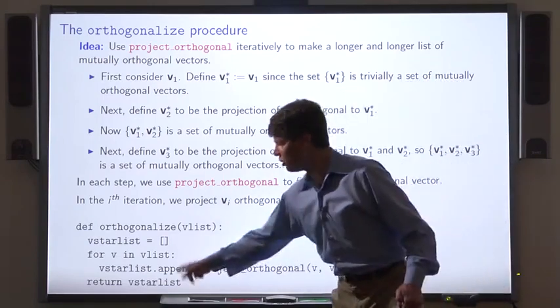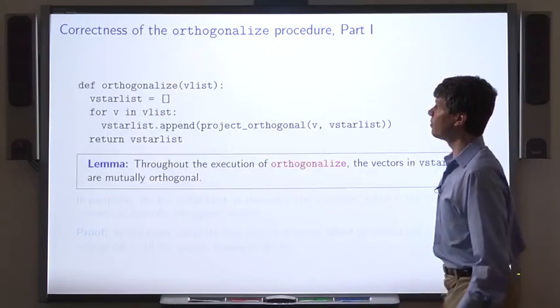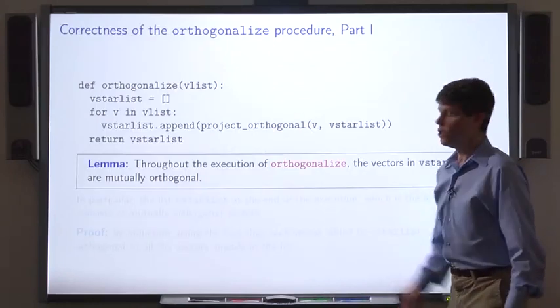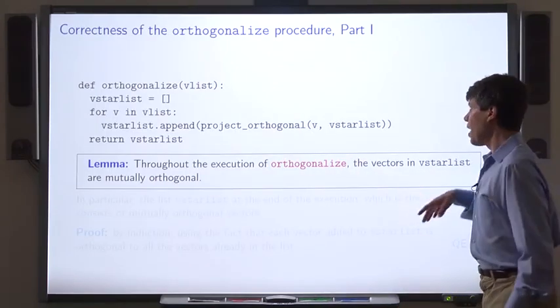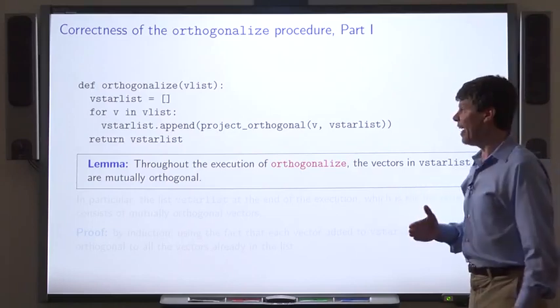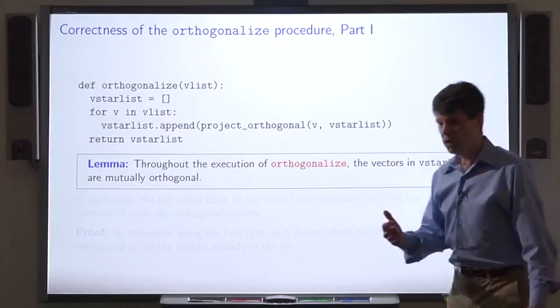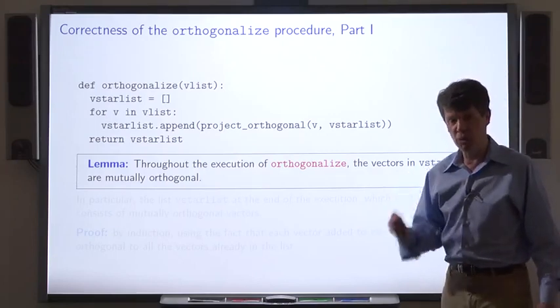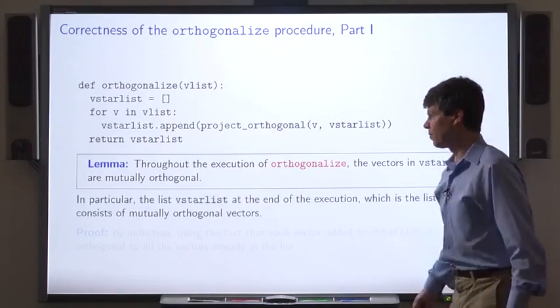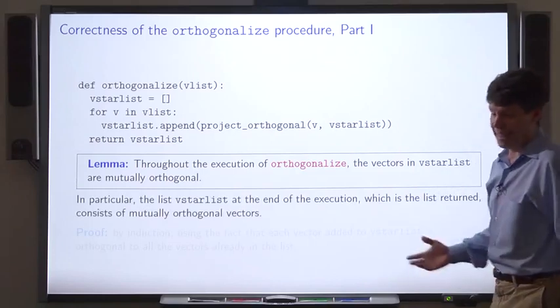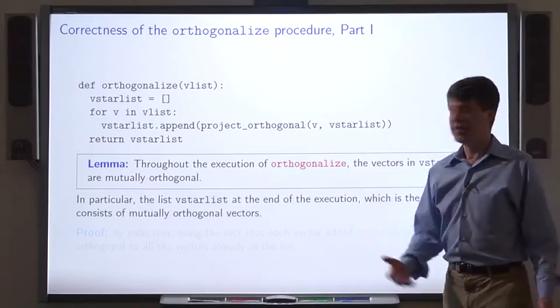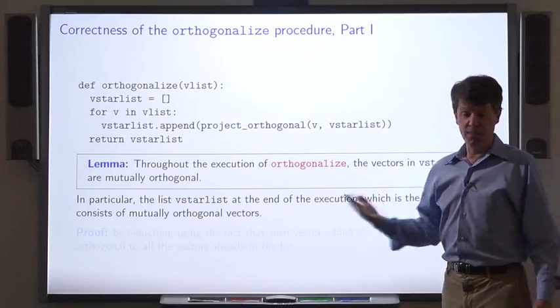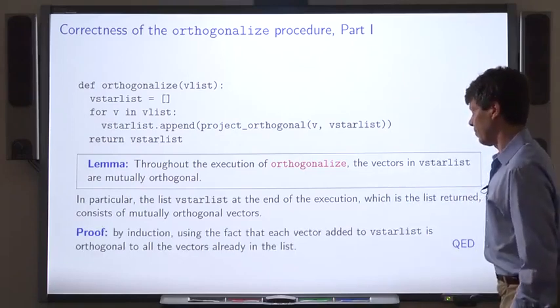At the end, the procedure returns the value of v*-list. So it's pretty easy to see that at each stage in the algorithm, the value of v*-list is a list of mutually orthogonal vectors. In particular, at the end, the value returned consists of mutually orthogonal vectors.